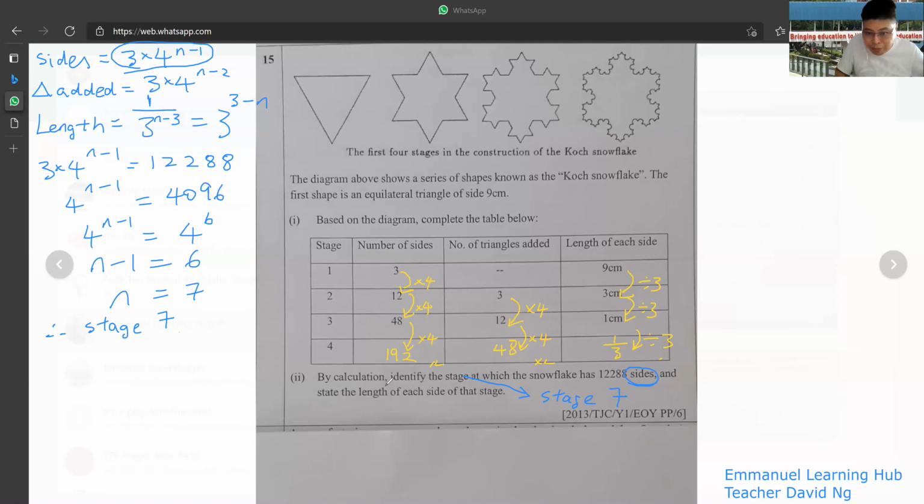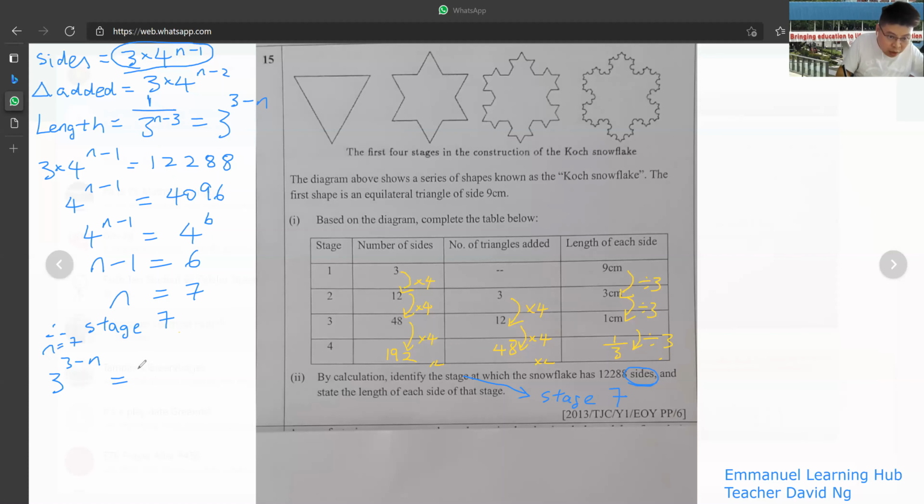So far okay, but that's not all of the question, because there's still one more part to find: the length. Precisely, state the length of each side of that stage. So they're referring to n is 7. Then they talk about length, so I'm going to use 3 to the power of 3 minus n, and n is equal to 7.